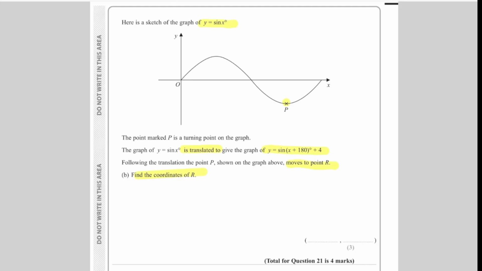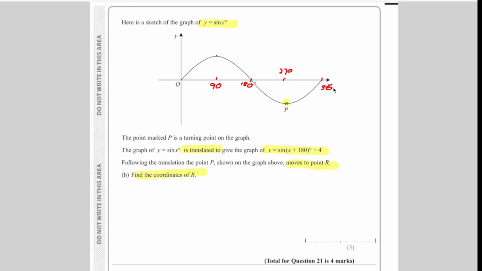First thing, I want you to get the coordinates of this one. So let's label the x-axis of the original curve. So this is 0, this point. Remember the sine curve to be labeled 90 by 90. So 0, 90, 180. Next one is 270. Next one is 360.